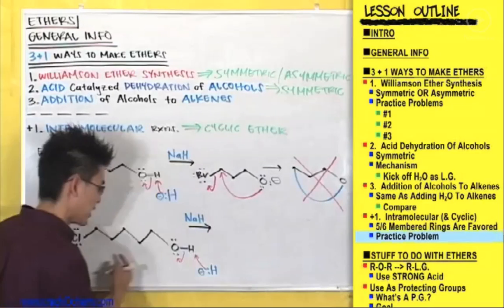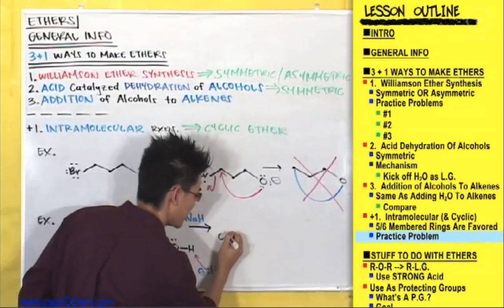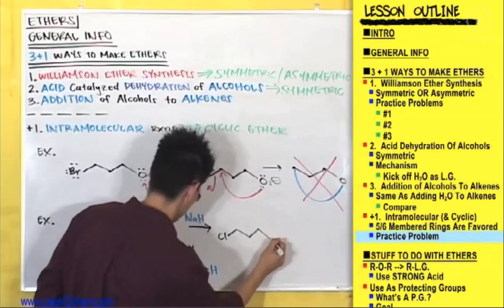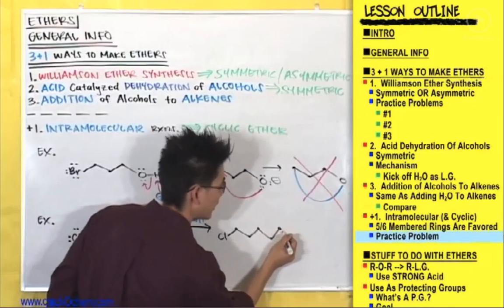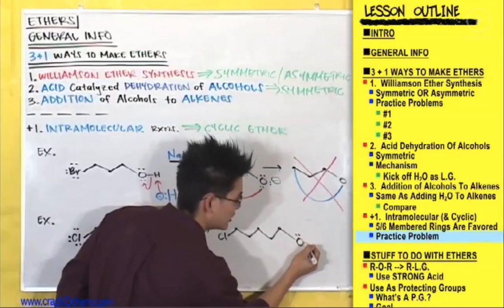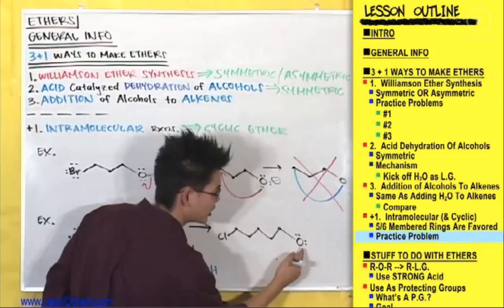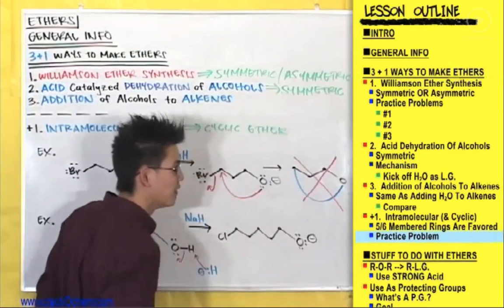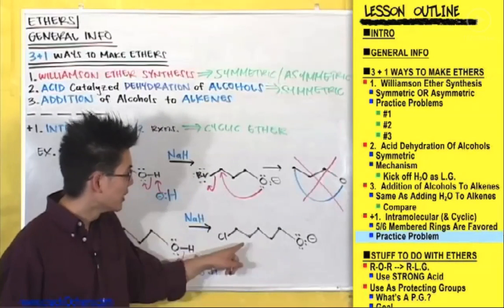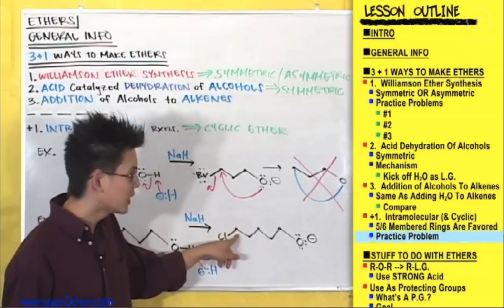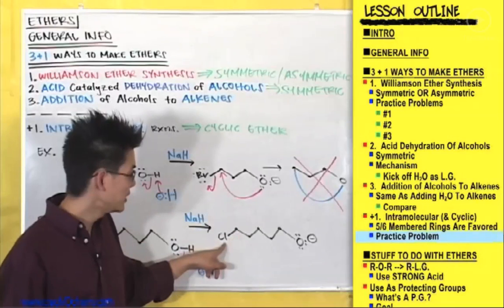Okay, so we're going to have the exact same compound here. 1, 2, 3, 4, 5. So the exact same compound, except now this oxygen has an extra lone pair, giving it a negative charge. So once you get to this step, this carbon is like, hey, I need some electrons because chlorine's taking it away from me.